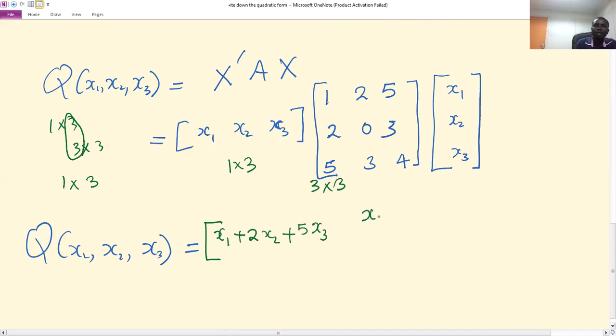So x1 times 2 is 2x1 plus x2 times 0 is just 0, and then x3 times 3 is 3x3. This row, this column, so x1 times 5 is 5x1, x2 times 3 is 3x2, x3 times 4 is 4x3.